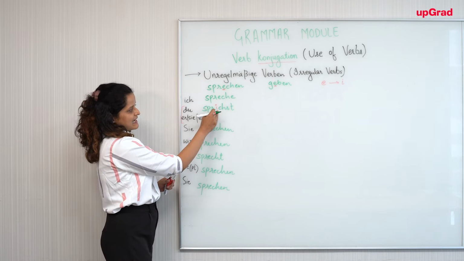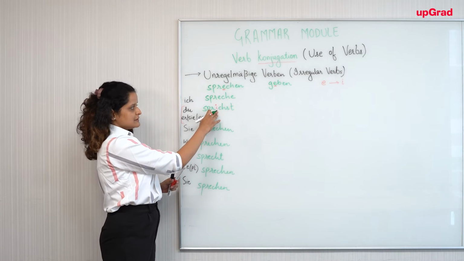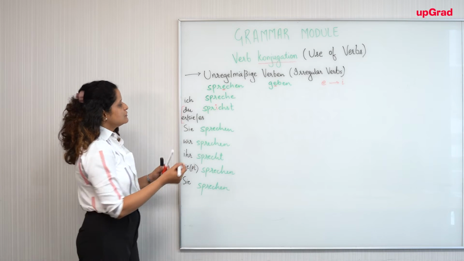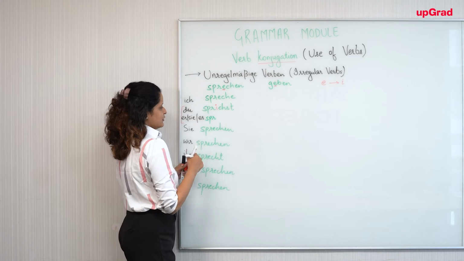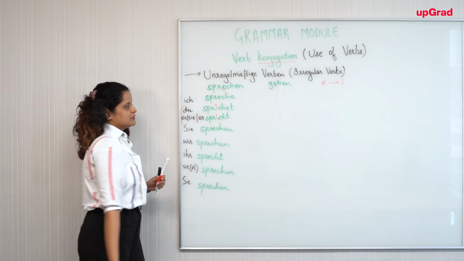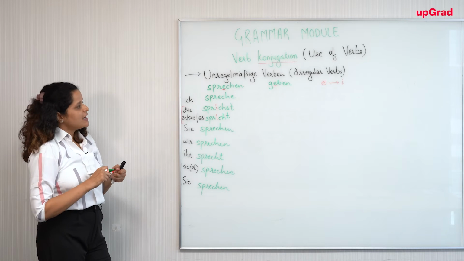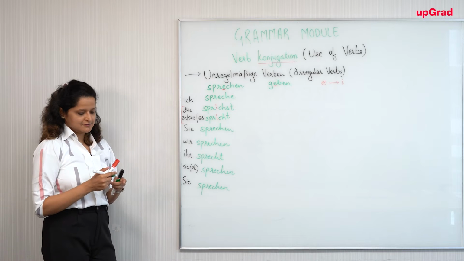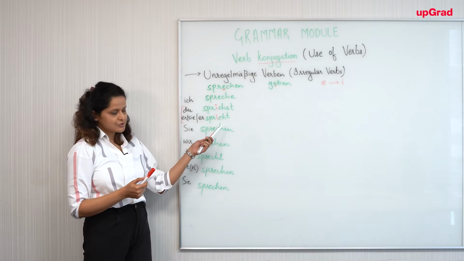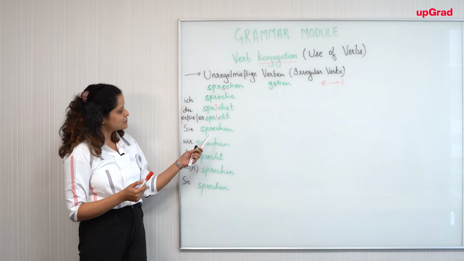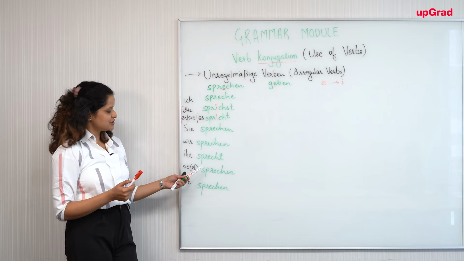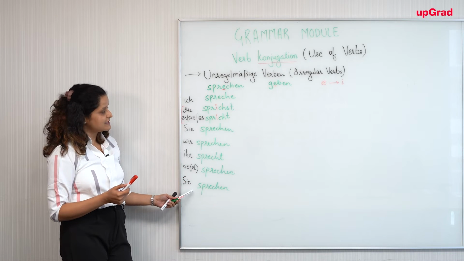There is only this I that we have to use instead of the E. So du sprichst. The same change will happen for er-sie-es. The conjugation here becomes spricht. So ich spreche, du sprichst, er-sie-es spricht, sie sprechen, wir sprechen, ihr sprecht, sie sprechen.